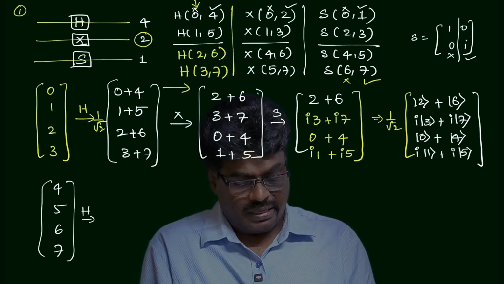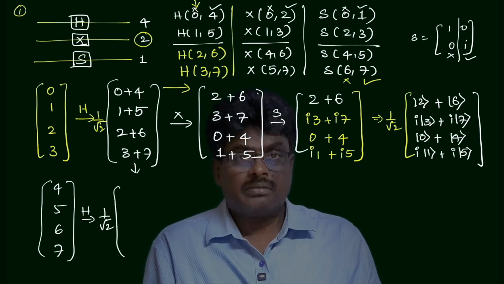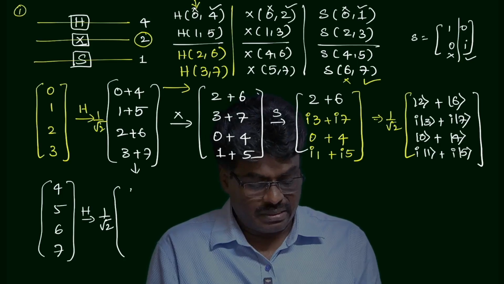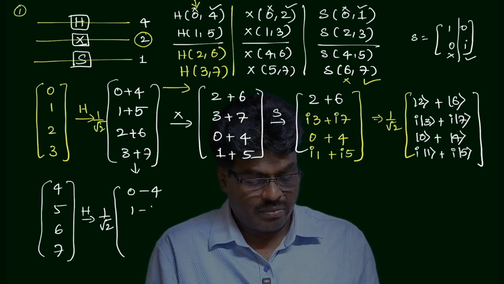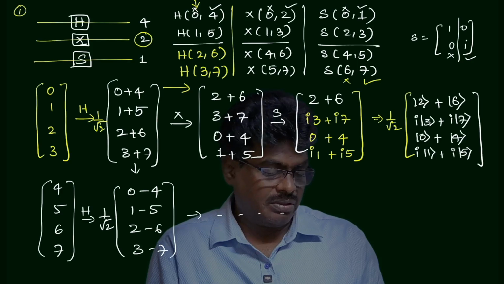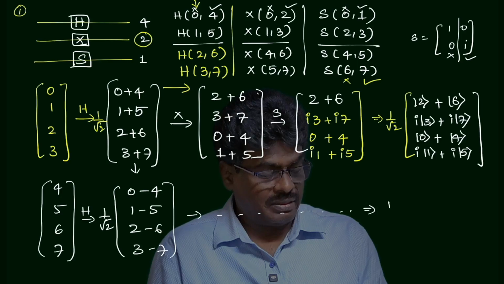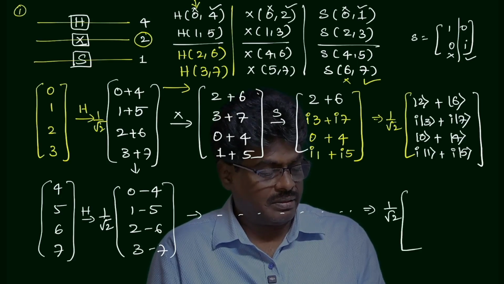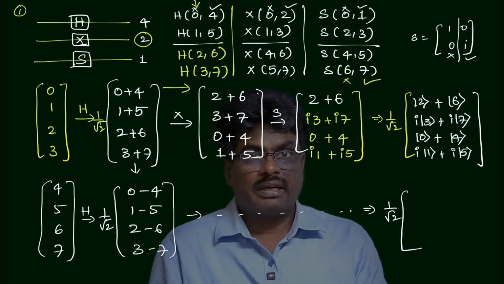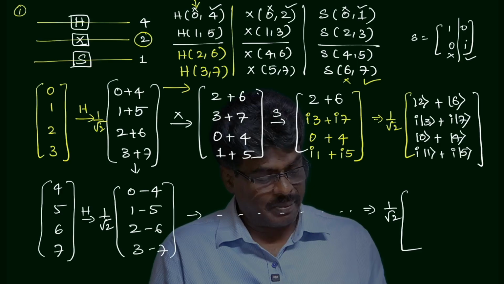If I take a Hadamard operation on this, the middle sign will be changed: 0 minus 4, 1 minus 5, 2 minus 6, 3 minus 7. I need not do all these things, you can come directly to the answer. This is the one advantage if you start with the first numbers of that ordered pair.